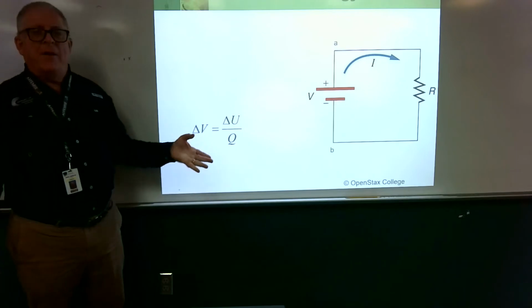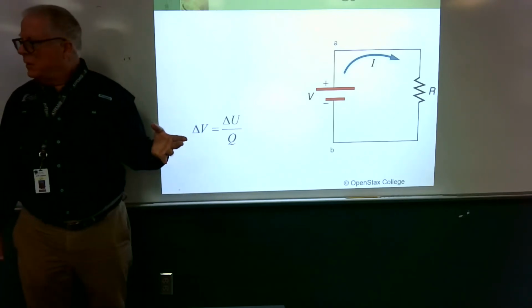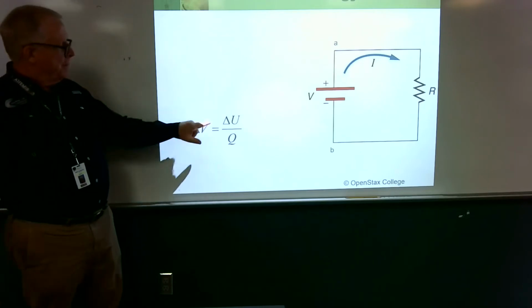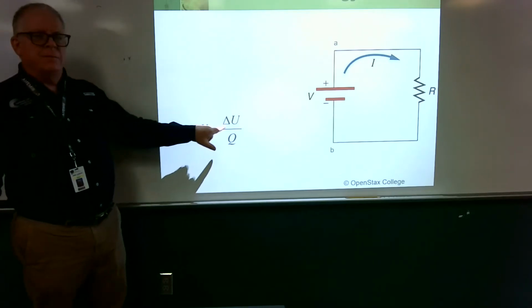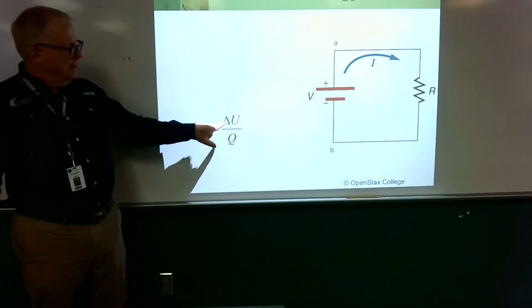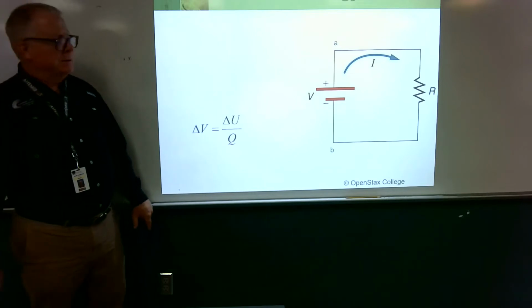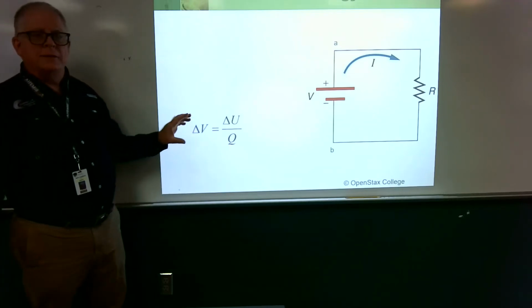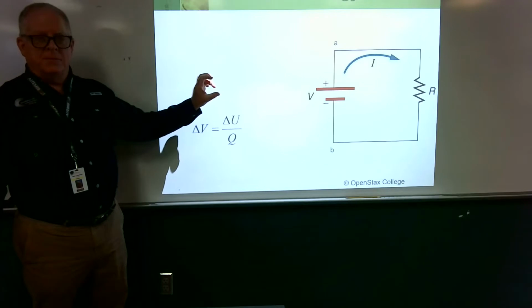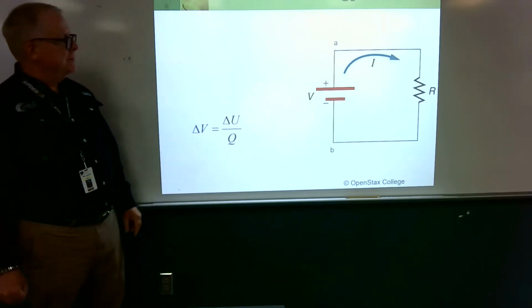We already have a name for that. That's the potential. The potential is the name we gave to the amount of potential energy per coulomb of charge that flows through your circuit. So 1 volt means 1 joule of potential energy is converted to something else per coulomb of charge that flows through that circuit.